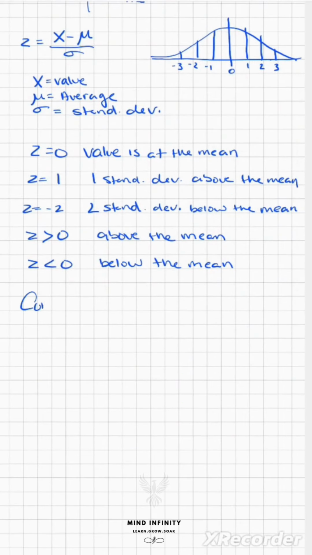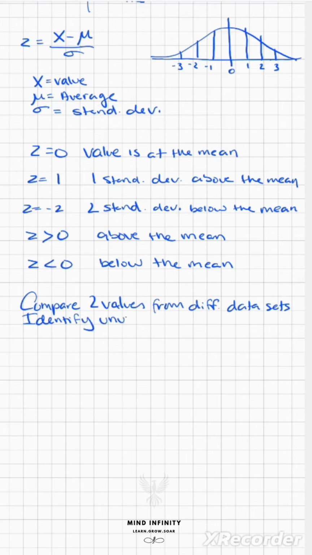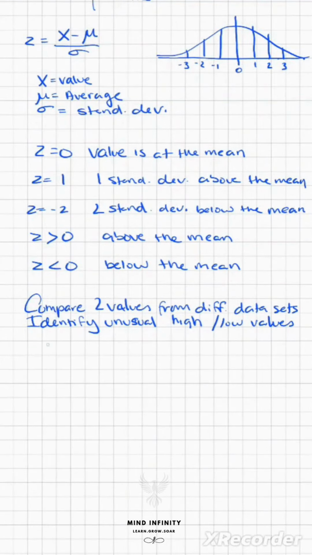So this is great because you can compare two values from different data sets, and you can identify unusual high, low values. Now, if you focus on between -1 and 1, all the values between these two represent 68% of the values.